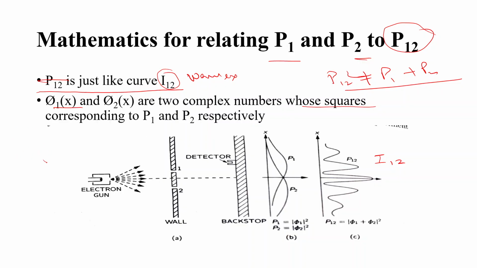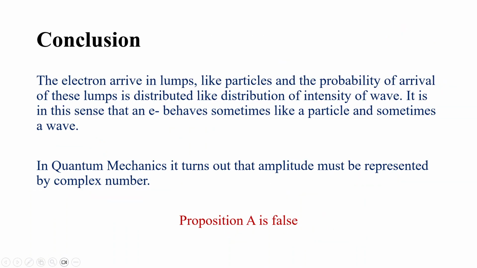So we can say these phi1 and phi2 are amplitudes, and also they are complex numbers. We will discuss it in later slides. So the conclusion is that the electron arrives in lumps, like particles, and the probabilities of arrival of these lumps are distributed like the distribution of intensity of a wave.